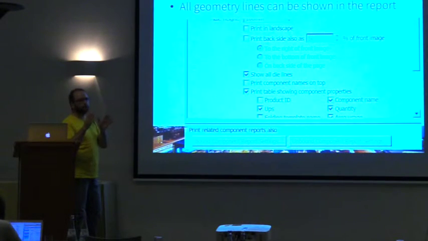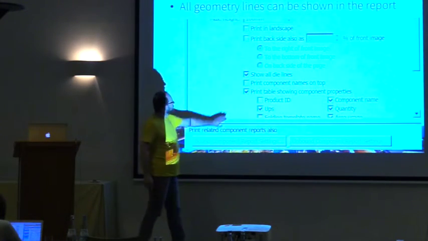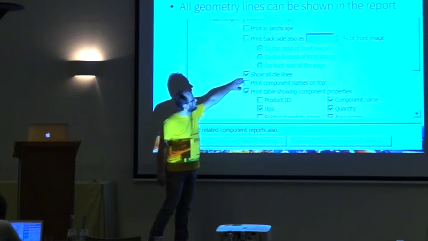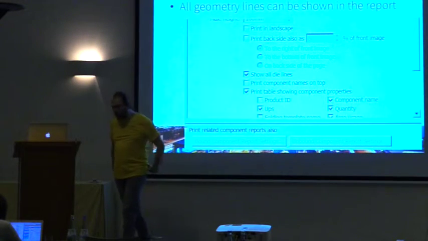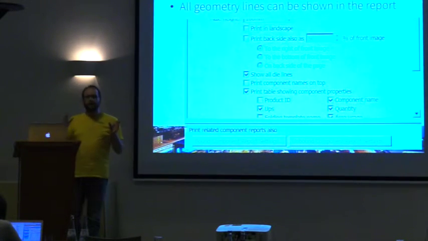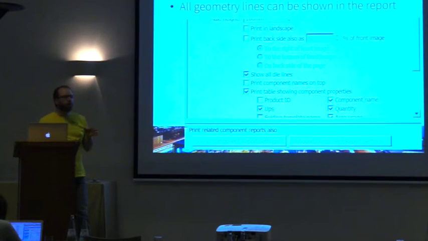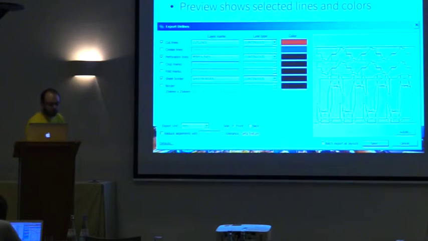It contains information about the different components that I have, about the sheets that I have, and in version 8, you have an option called Show All Die Lines, and that will export all of these different lines that you have for a component. So both the cut lines, but also any other lines like fold lines or crease lines that you have. And they will be exported and shown with the options for line styles and colors that you have in your setup. Small thing, but sometimes still important.